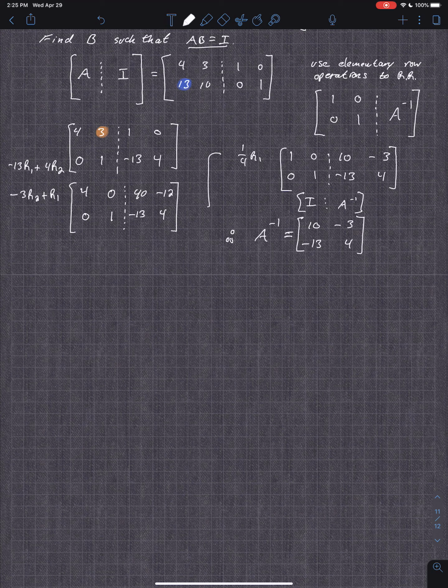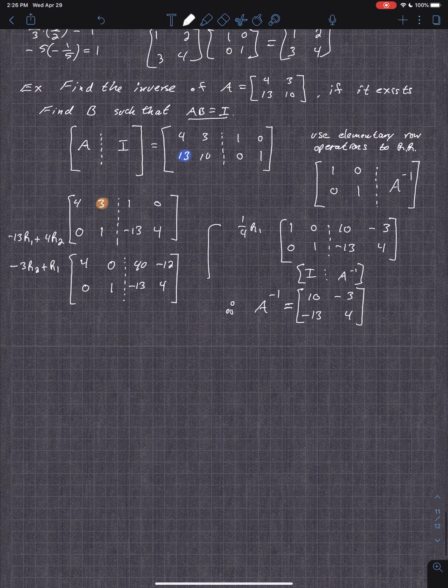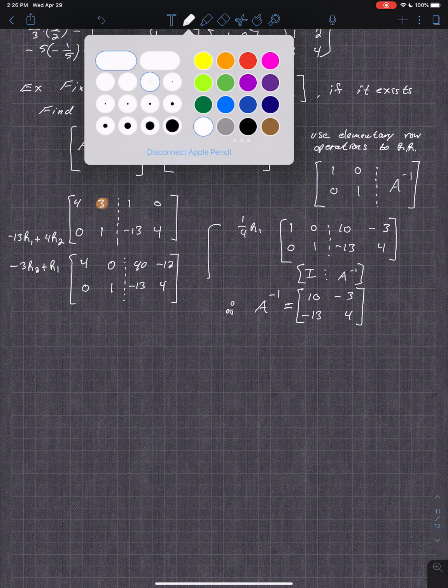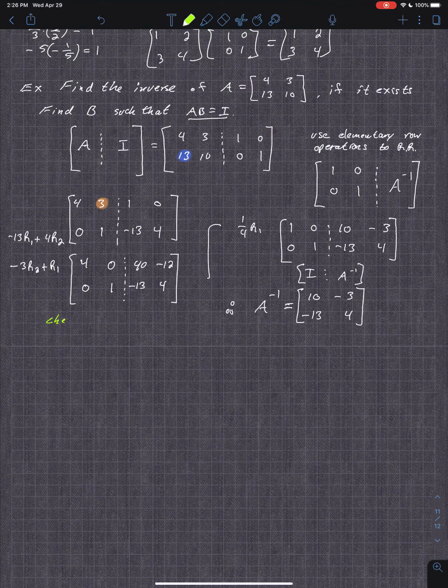So what is a way to check to see if that is indeed the inverse matrix? Hopefully you thought about that. Yeah, basically what you can do is you can take this matrix here, multiply by this matrix, and what should you get? You should get I. So you can check if you want. So check and do A times A inverse. And you don't always have to do the other direction, but in both cases, you should get I.